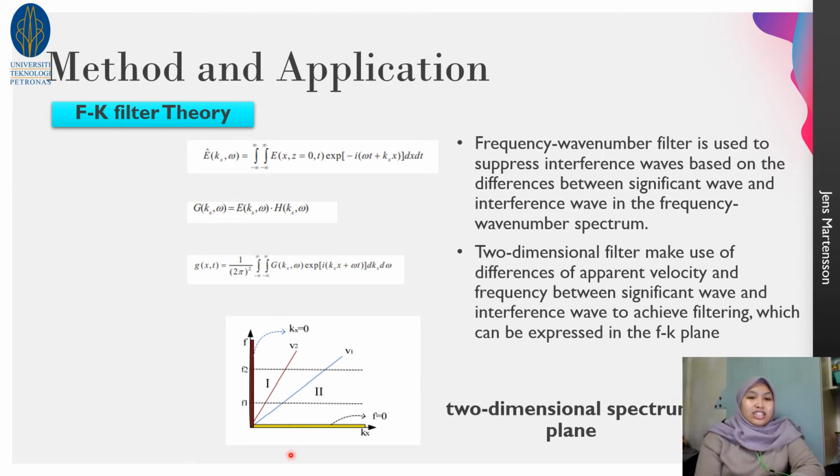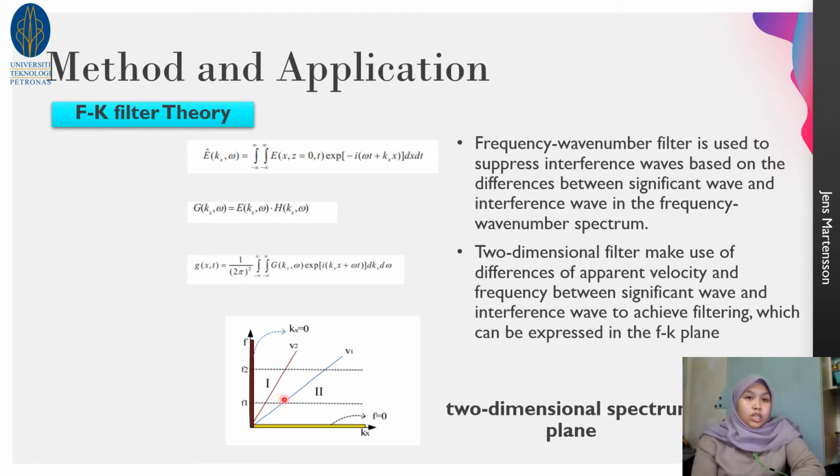Okay, this is the FK plane. So let's see what's in the FK plane. Here, the apparent velocity can be expressed as V = f/k.